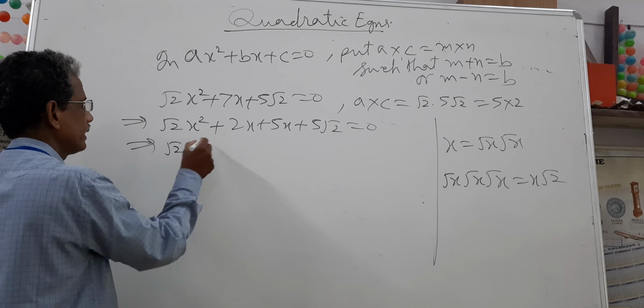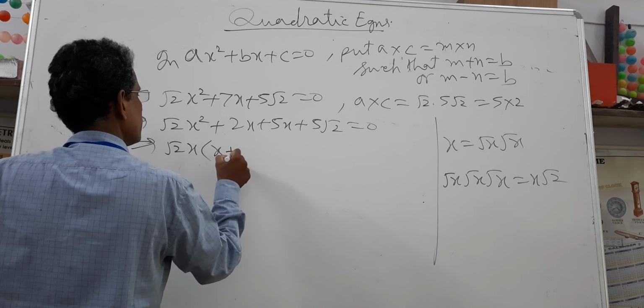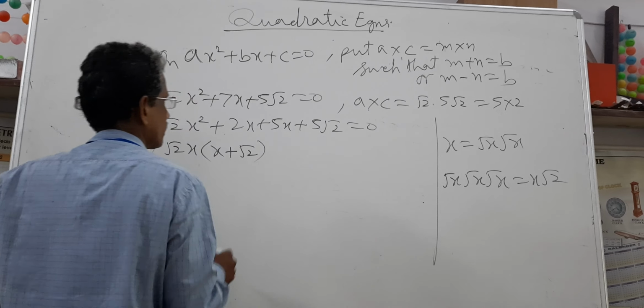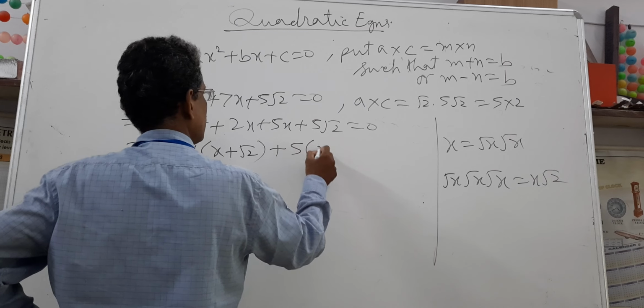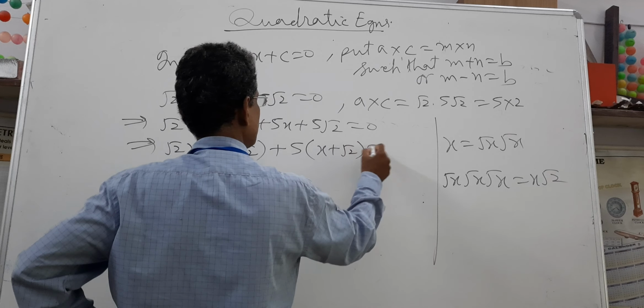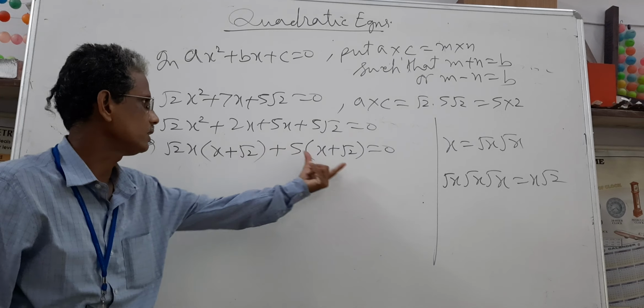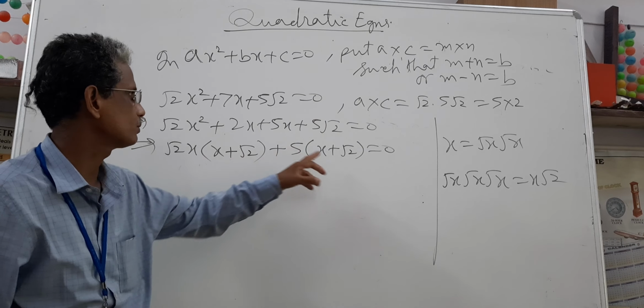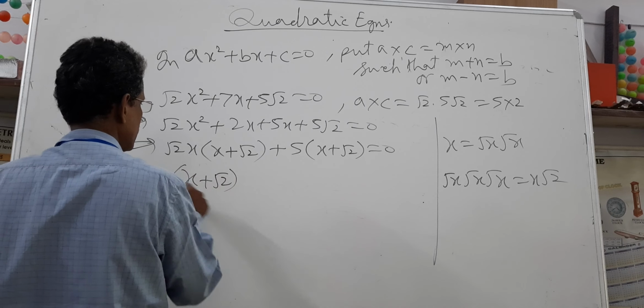Take root 2 x common, you will get x plus root 2. Plus from here, take 5 common, x plus root 2 equal to 0. Now, from these two terms, x plus root 2 is common. Take x plus root 2 common.